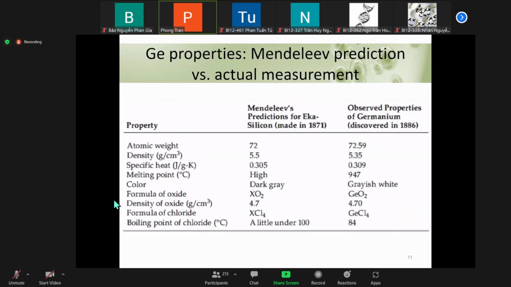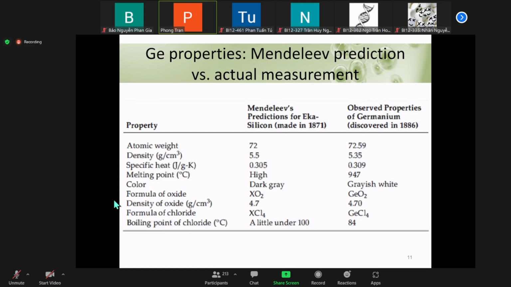So here you go. Mendeleev predicted an element he called ica-silicon, that means an element similar to silicon. And then after that, they discovered an element, germanium, discovered in Germany. You can see here the predicted atomic weight is 72, and the actual weight of the germanium found is 72.59.